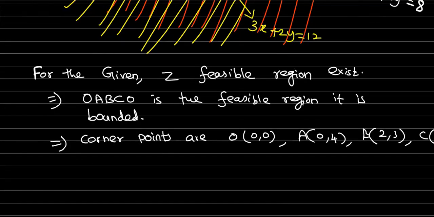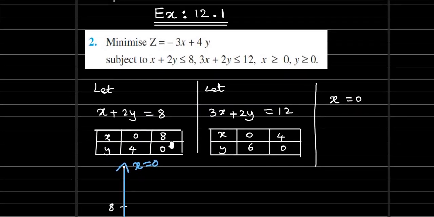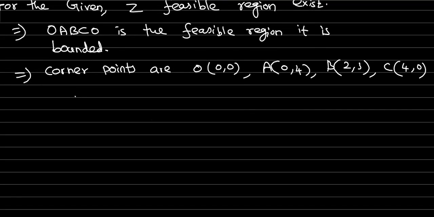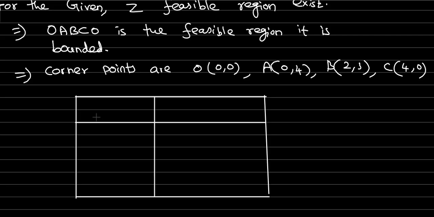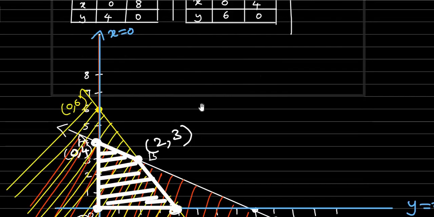The question is demanding us to identify the minimum value of Z. So these corner points we are going to substitute in the given Z. Z is minus 3x plus 4y.